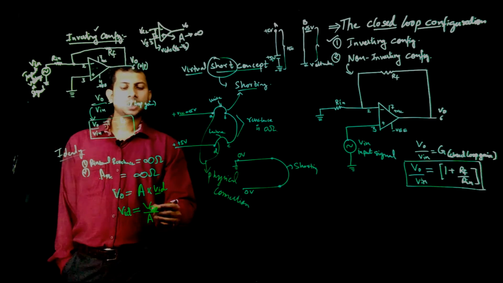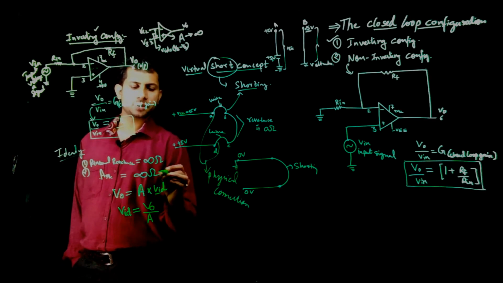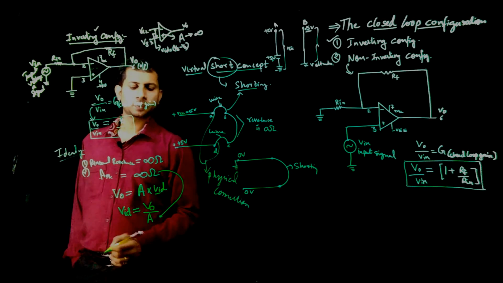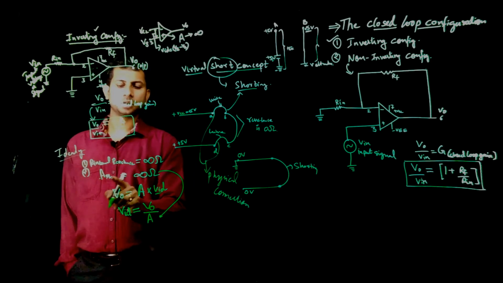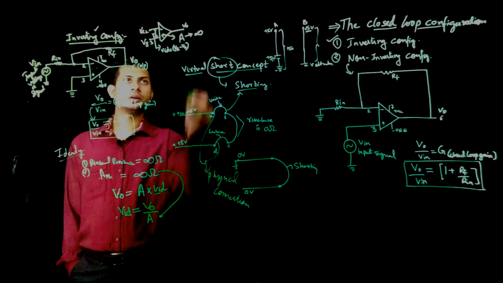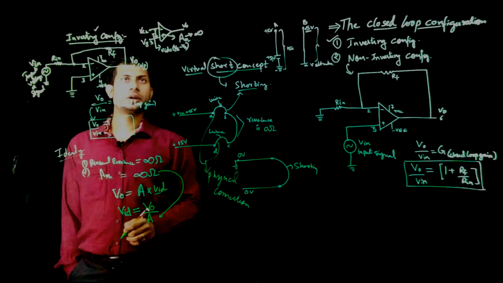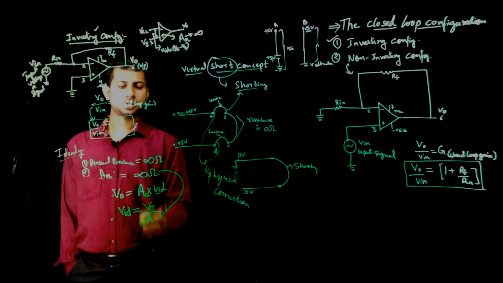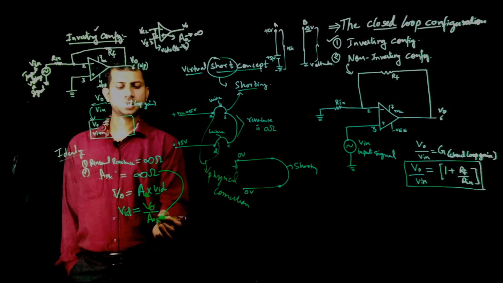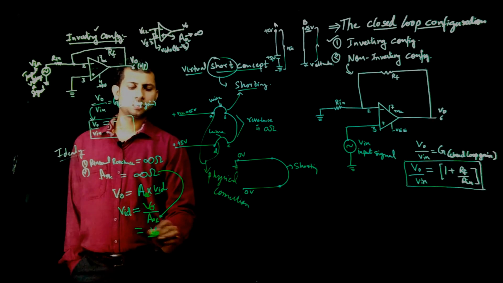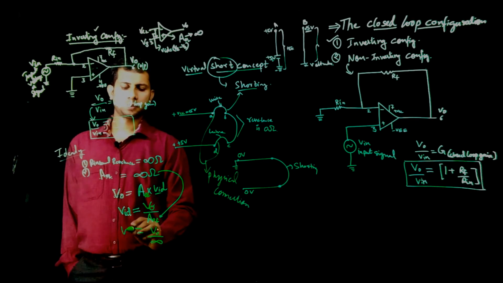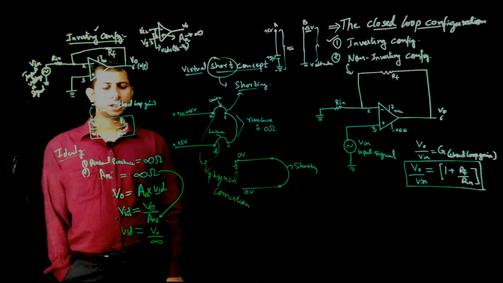Now if we put this assumption, infinite AOL or open loop voltage gain, and we can make this AOL, open loop voltage, as infinite. What happens then?